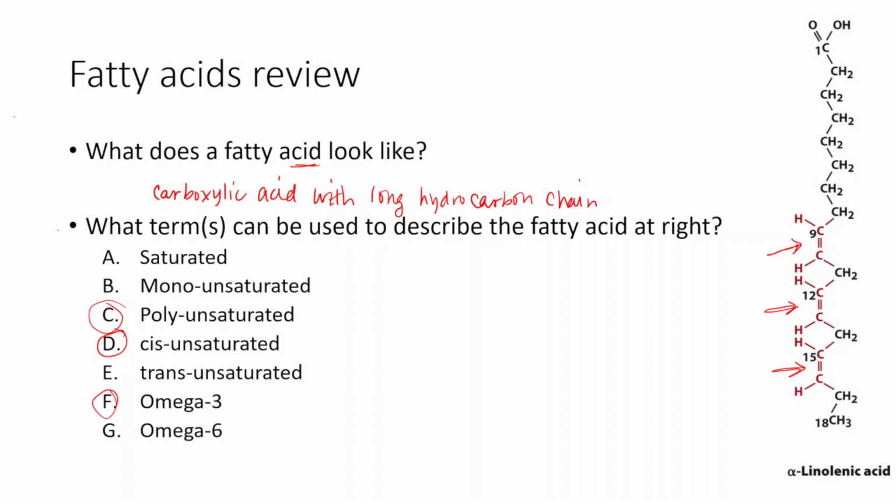And how do you know that? Exactly. So if you start counting from the end of the fatty acid, or the omega end, and then you count up to the first double bond, that tells you your omega number. So this is carbon number 1, carbon number 2, carbon number 3. Carbon number 3 has a double bond. It's omega-3.